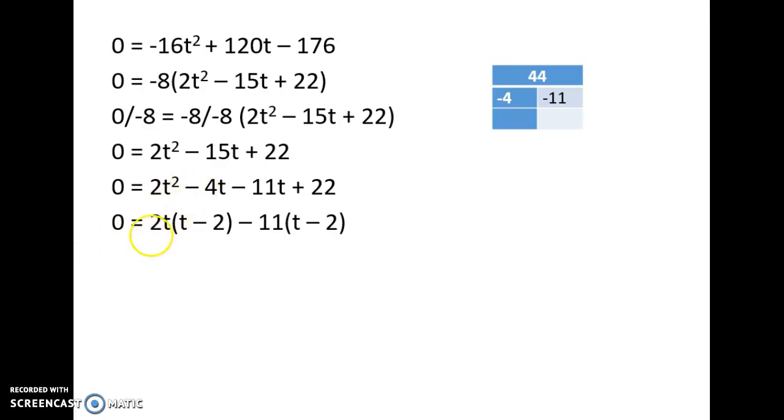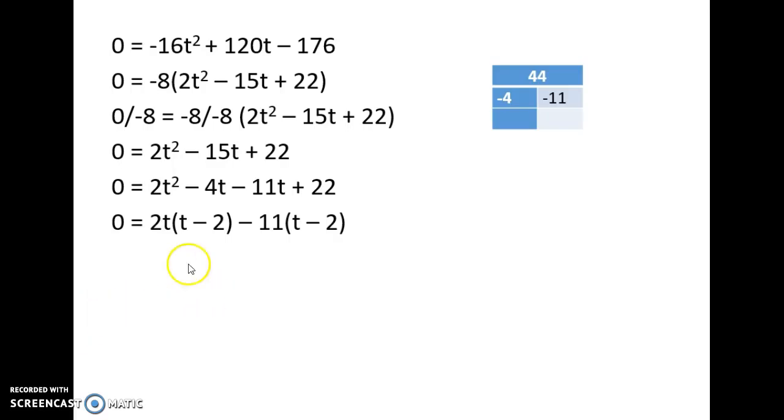So if I distribute 2t times t and 2t times -2, that gives me 2t squared minus 4t, and -11 times t and -11 times -2 gives me -11t plus 22. So that's been done correctly.